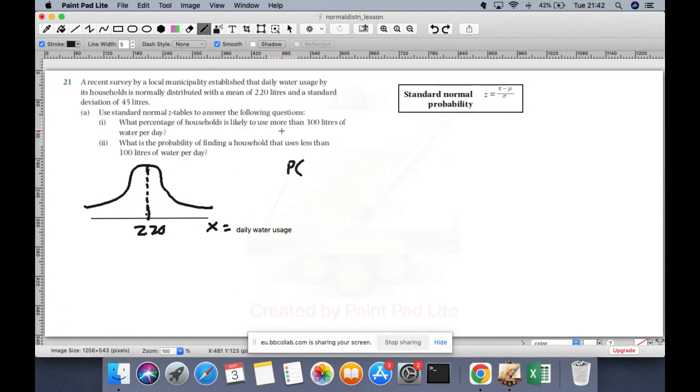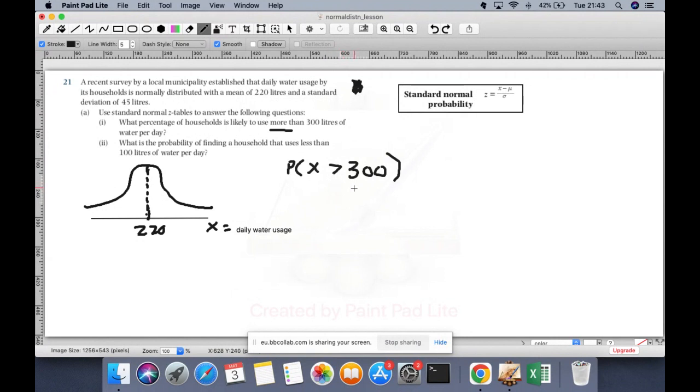We've mentioned that X is our daily water usage. So they're asking, what is the probability of X being more than 300? For a continuous random variable, it doesn't matter if you have greater than or greater than or equal to. But that's only for continuous random variables. So in our case, we could get away with using both. Just a point of interest.